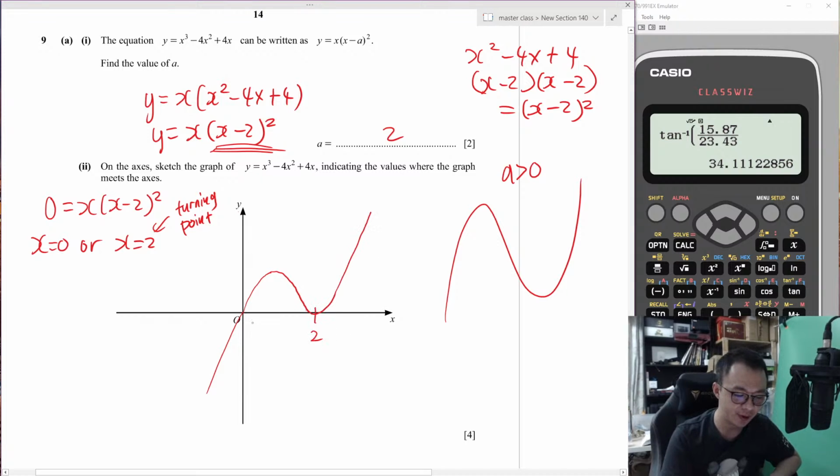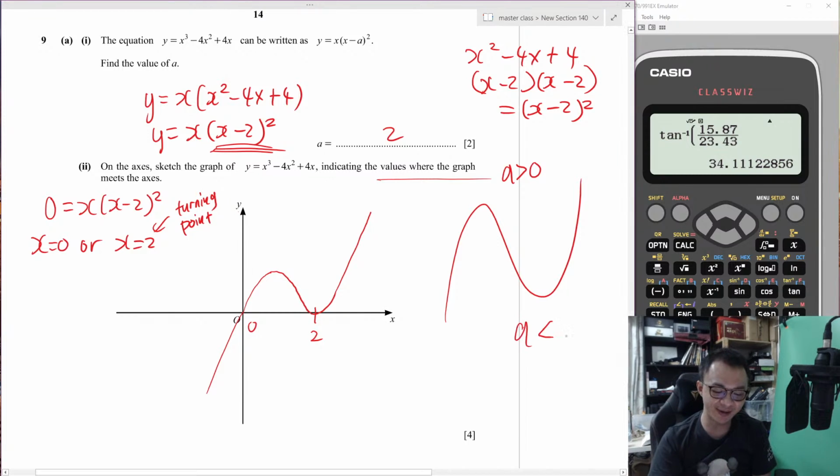Okay, this one will be 2, this one will be 0. Okay, this is how you sketch this one. Indicate the values where the graph will meet the axis. So I indicate both values at the x-axis. Yeah, this is how you get the 4 marks.